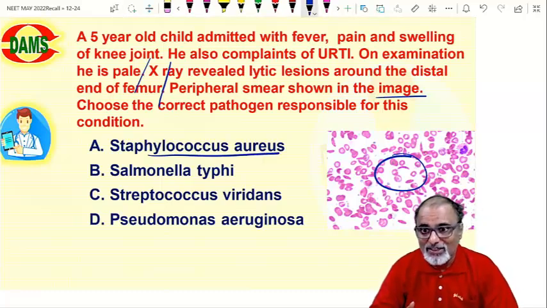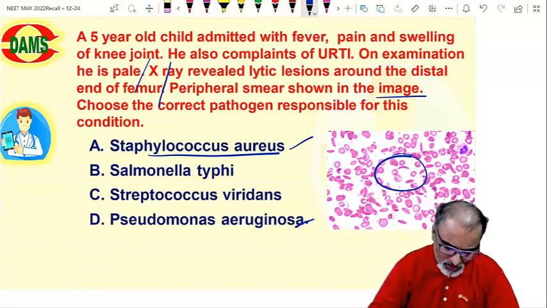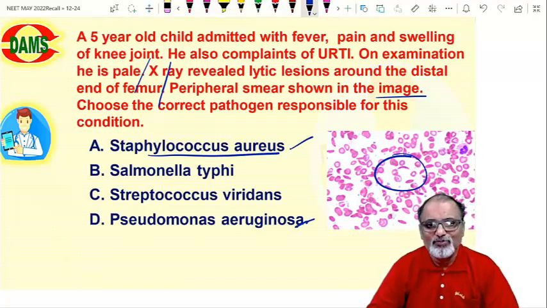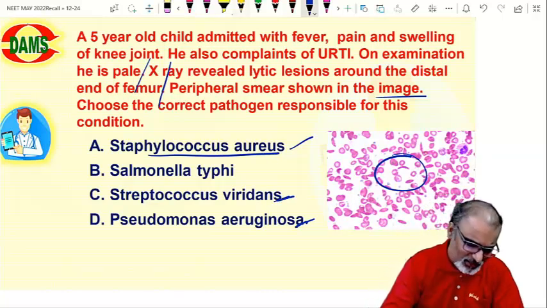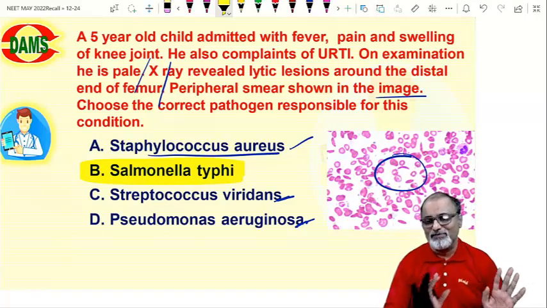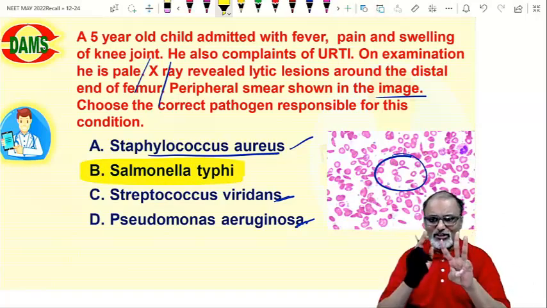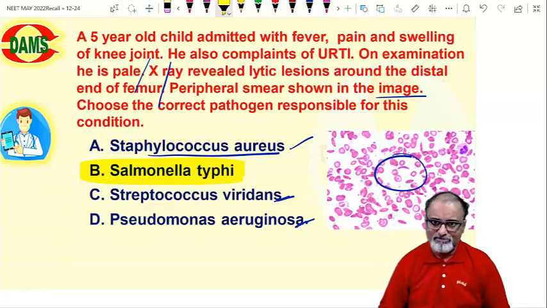But some conditions are there. In diabetes mellitus and intravenous drug users, Staphylococcus aureus and equally Pseudomonas are important. In use of prosthetics, that time viridans is important. In a sickle cell patient, Salmonella typhi is important. Everybody made it correct because everybody knows sickle cell patient, Salmonella typhi. They know only 3 keywords: osteomyelitis, sickle cell, Salmonella typhi. That's all. They made the question right.